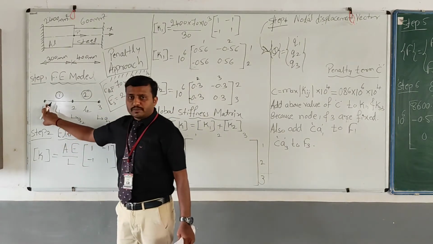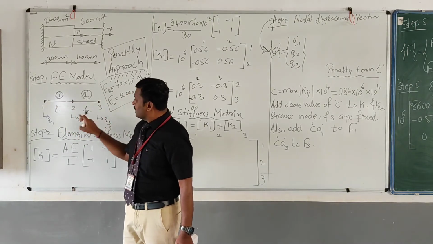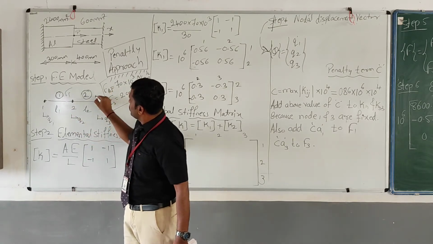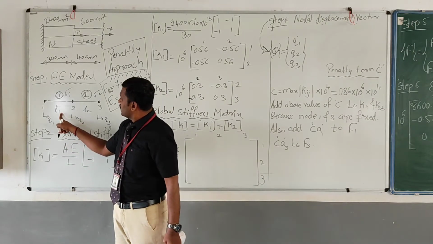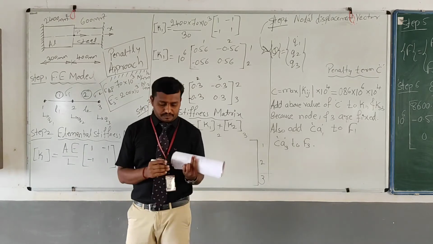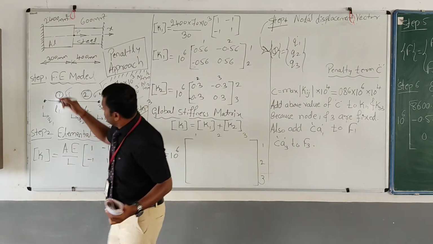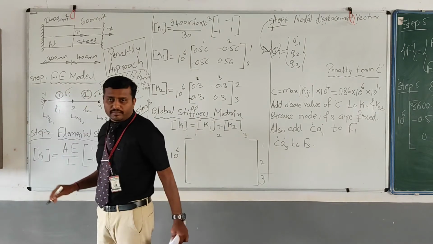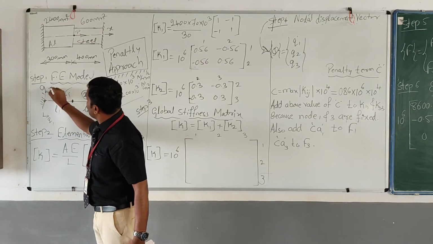At node 1 the displacement is q1, at node 2 it is q2, at node 3 it is q3, and in element number 1 the stress is sigma 1, in element number 2 the stress is sigma 2. L1, the length of element number 1, is 300, L2 is 400 millimeters. This is the first step. We can show the boundary condition also. Node 1 is fixed. What is the meaning? If it is fixed, it means the displacement at node 1, q1, equals 0.